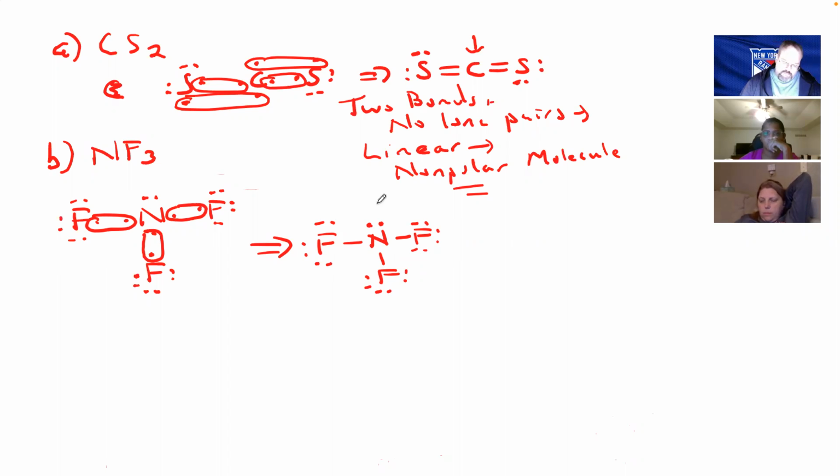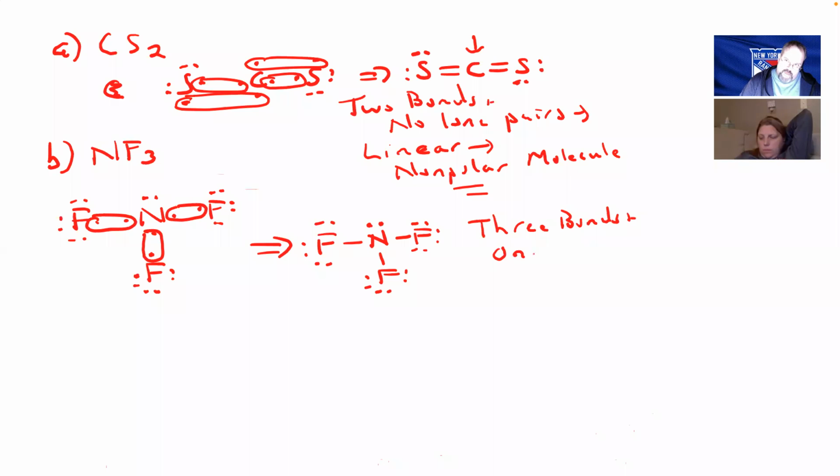Now, what does VSEPR theory tell us? 3 bonds and 1 lone pair. That shape is trigonal pyramidal.